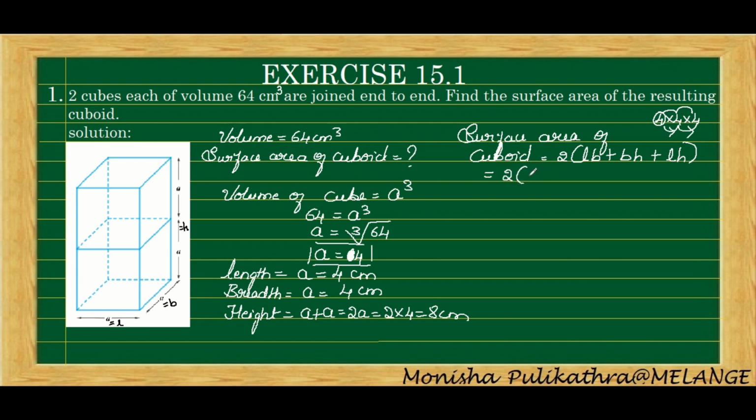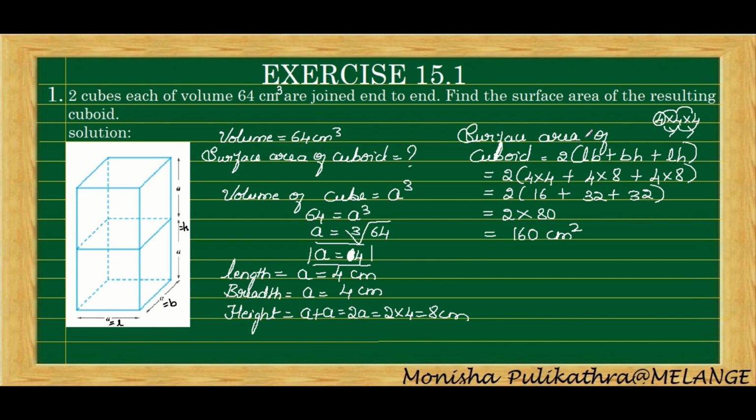So 2 into, length is 4 and breadth is also 4, plus breadth is 4 into height is 8, plus length is 4 and height is 8. So 2 into, 4 4s are 16, 8 4s are 32, plus 8 4s are 32. It will be equal to 32 plus 32 plus 16 is equal to 80. So 2 into 80 is 160 centimeter square.